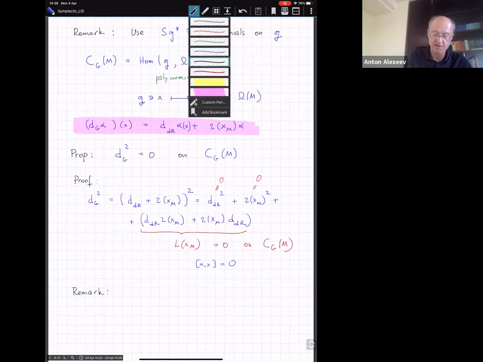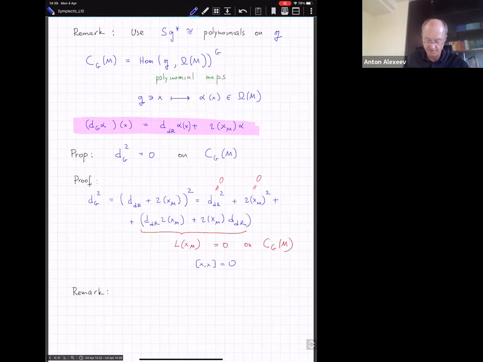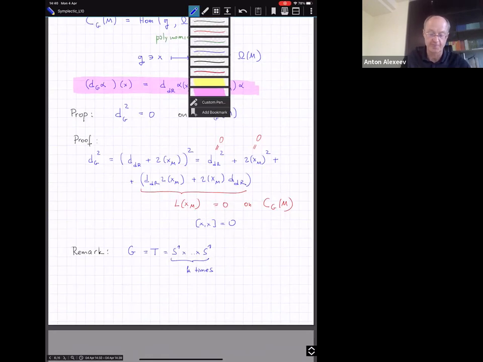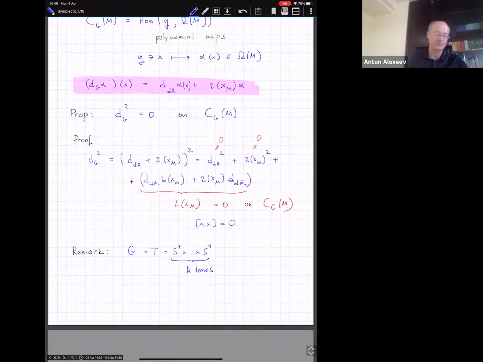Maybe now one more remark, and that's actually an important remark for us. Suppose that our group is abelian, so suppose that this is a torus. Then this story sort of simplifies. So C_T of M will be what?